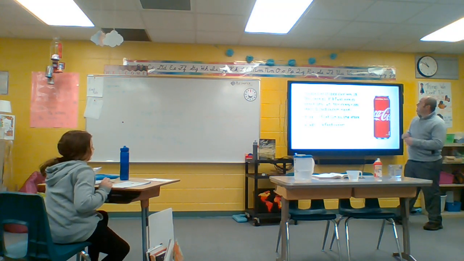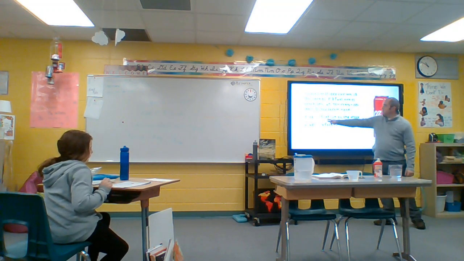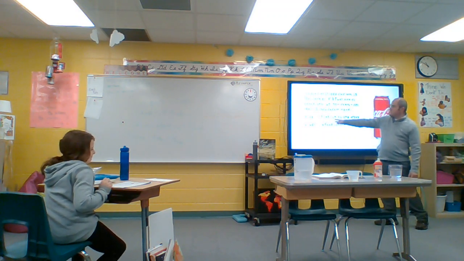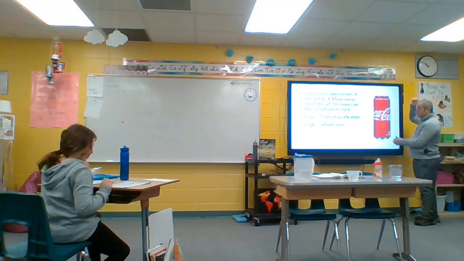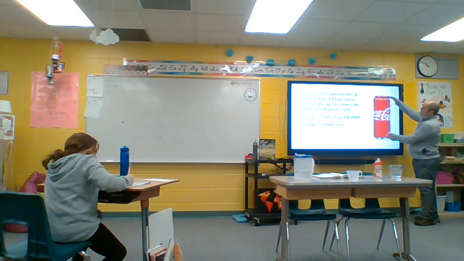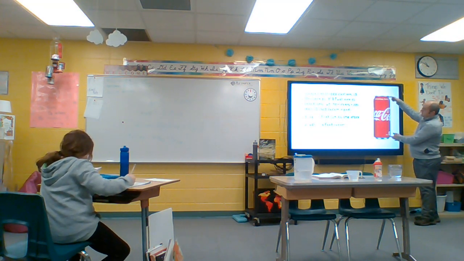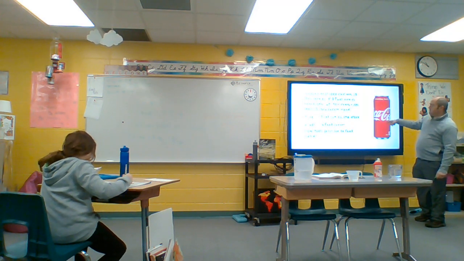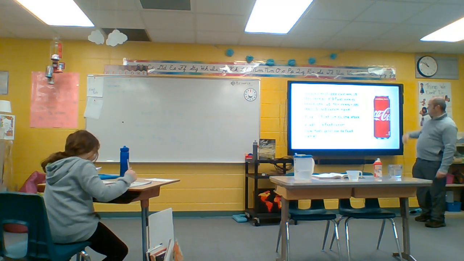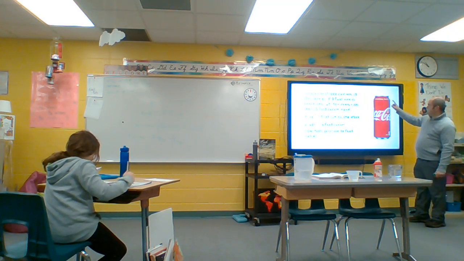See how I'm doing that? 1 cup equals 8 fluid ounces, right? But I have 2 cups here, or 16 fluid ounces. So half of that would be 8 fluid ounces, and another 8 fluid ounces would be 16 ounces. Therefore, 1 cup, 2 cups.